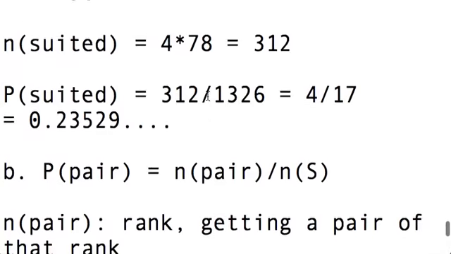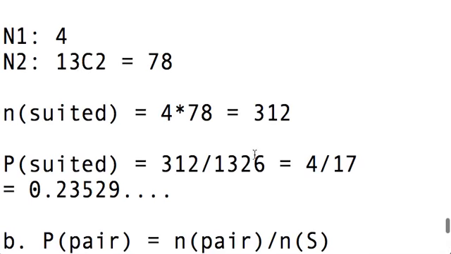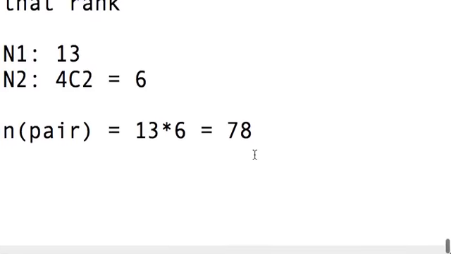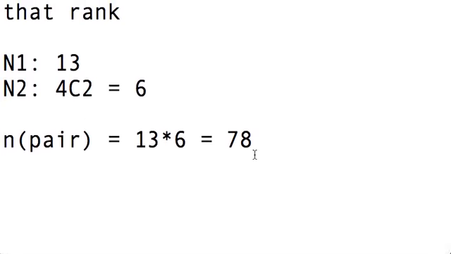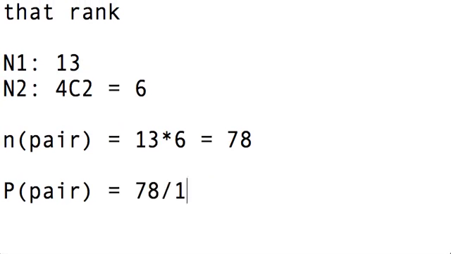Where did 78 come up before? Oh, right, 13 choose 2. Yeah, 13 times 6, 78. Okay, so that means that the probability of getting a pair is the number of ways of getting a pair, which is 78, divided by the number of total different possibilities, which is 1326.